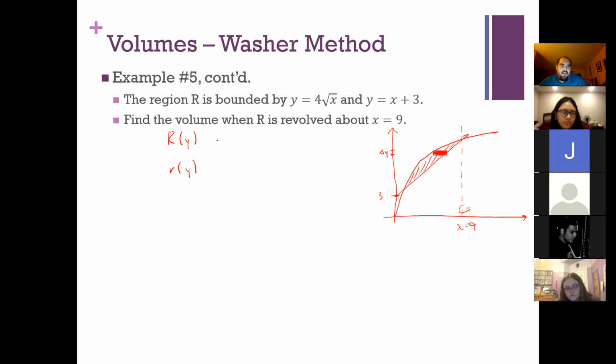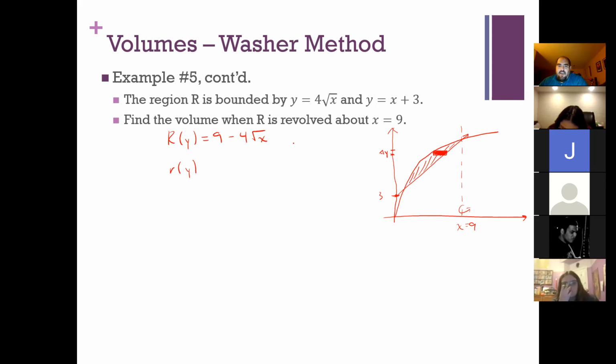Who has an idea for an expression for the outer radius here? Would it be 9 minus 4 square root x? 9 minus 4 radical x.